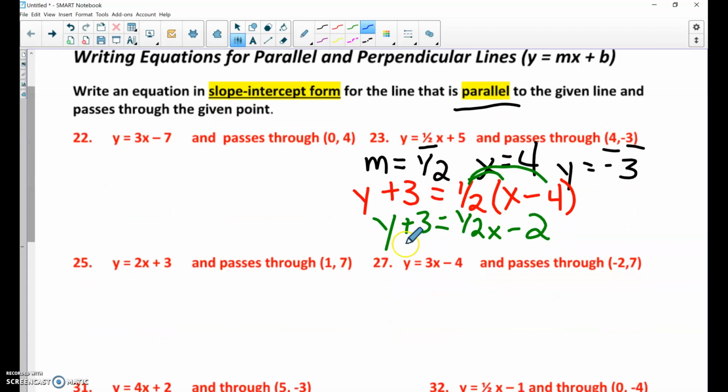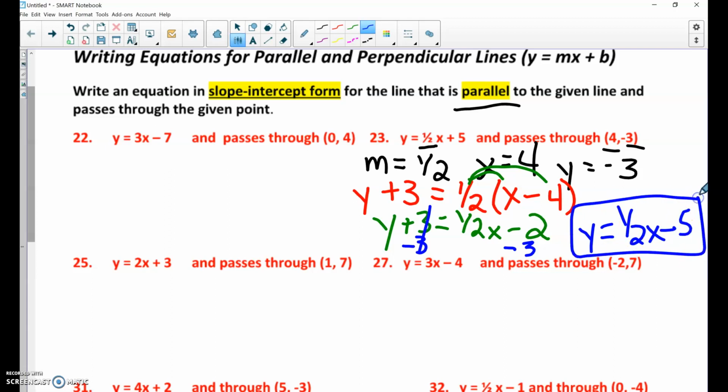It says y plus 3, so I need to minus 3. So -3 from that side and -3 from that side. After I simplify, I'm left with y equals 1/2 x, and then -2 minus 3 is -5. So that's how we would do a parallel problem.